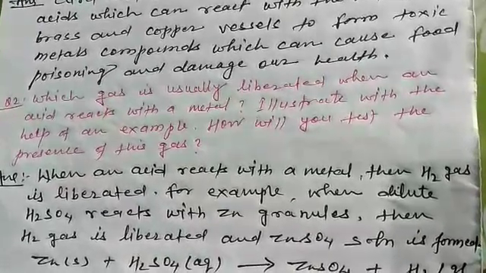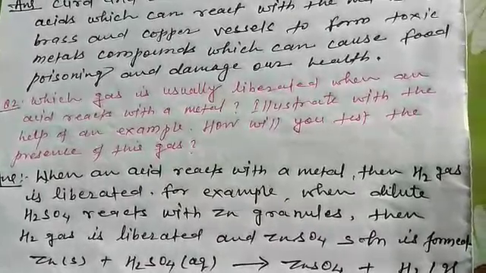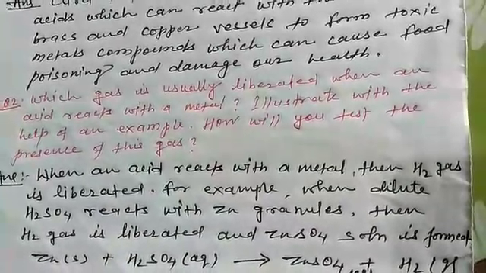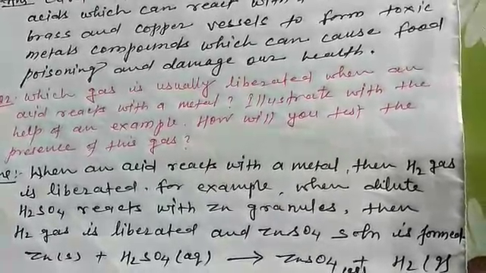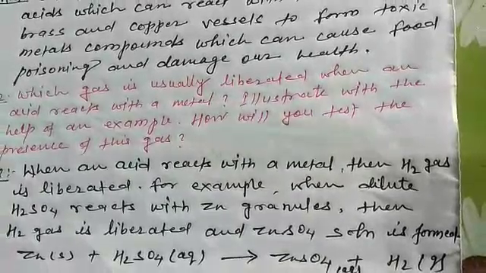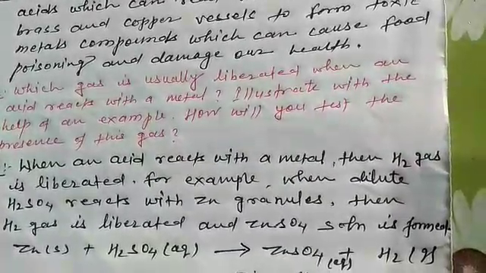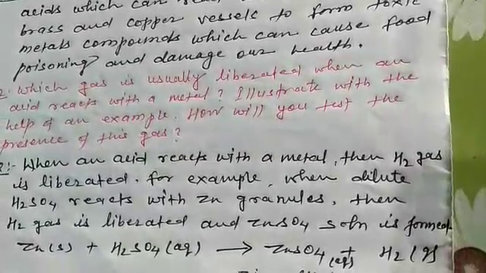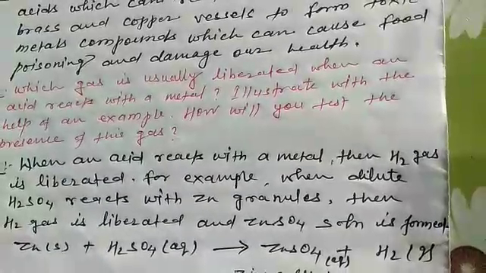Dear students, when an acid reacts with a metal, then hydrogen gas is evolved, means liberated. For example, when dilute sulfuric acid reacts with zinc granules, then hydrogen gas is liberated and zinc sulfate solution is formed.